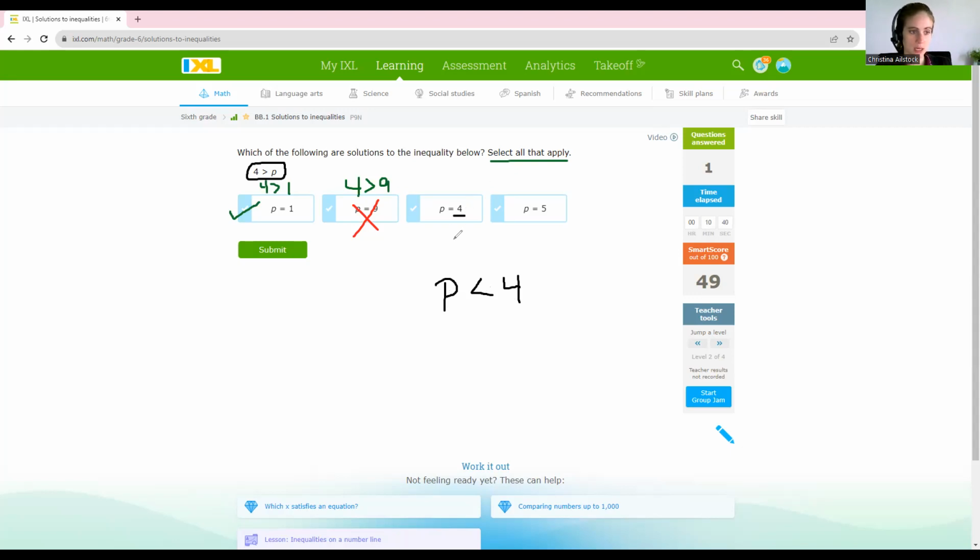So if we look at this, 4 is less than 4. Nope, it's equal to it. That's not right. We look at our last one, 5 is less than 4. Nope, that's not right. Doesn't work. So in this case, there happens to be only one solution that works. But you will get problems where there is more than one that works. That's why it always says select all that apply, and you need to check each answer to pick all that work.